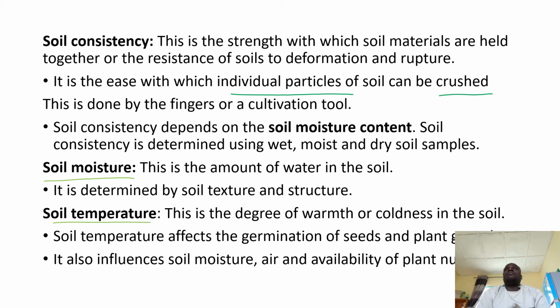And I think this depends on the climatic regions. This depends on weather. This depends on a number of factors, seasons. And I think soil temperature affects the germination of seeds and plants. It influences soil moisture, etc.